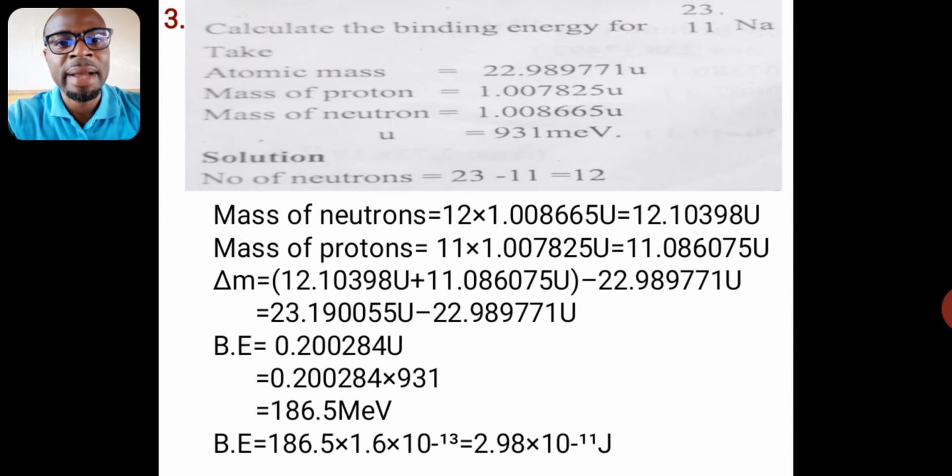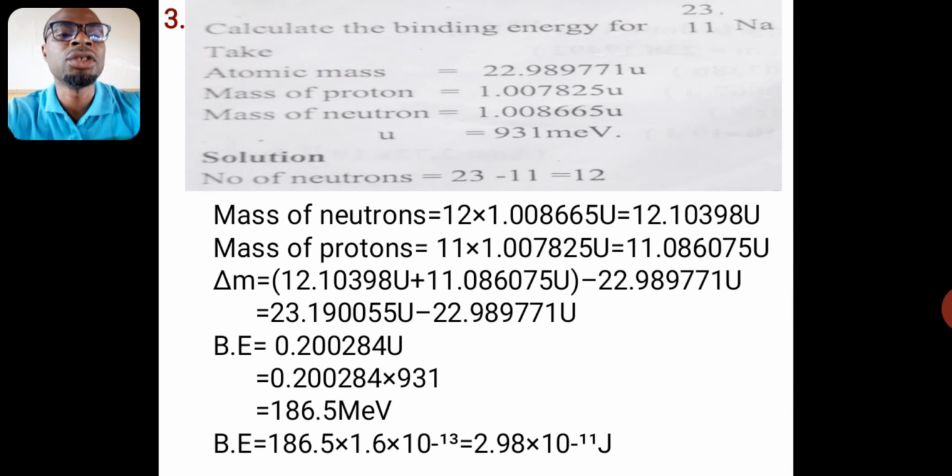Remember, we said that our mass defect is the binding energy, or the energy released. So we have that binding energy becomes 0.200284 U. Okay, if we multiply that by the value of U, we have 0.200284 times 931, and that gives us 186.5 mega electron volts.